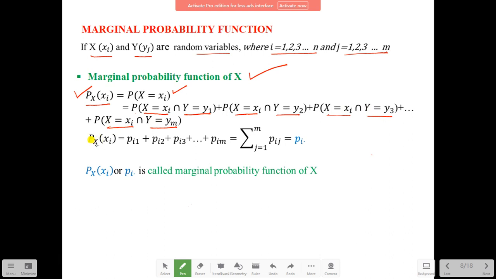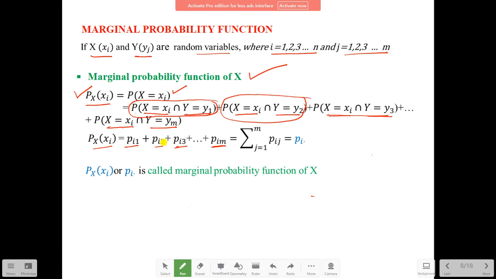or pX(xi) is equal to, because this expression is denoted by pi1, this expression is denoted by pi2, this will be pi3 and so on, this is pim, that is, the small pi's are the probabilities.